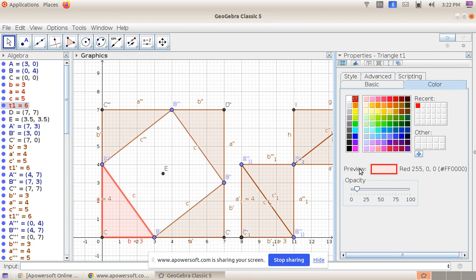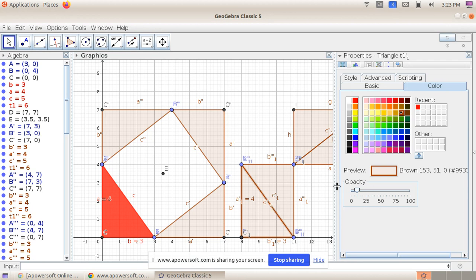Suppose I am choosing this one, it has become red. We know that this is same as this one. This one also I am going to put the same color. Same color we plotted.